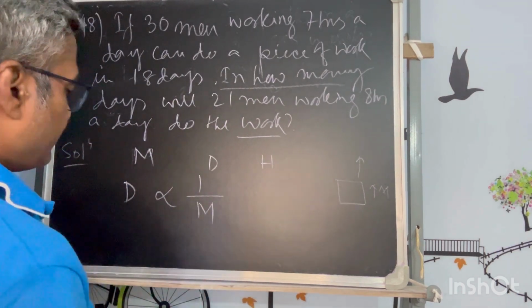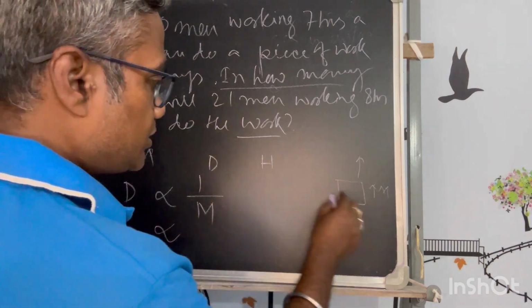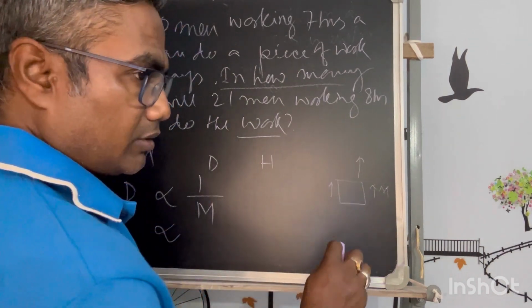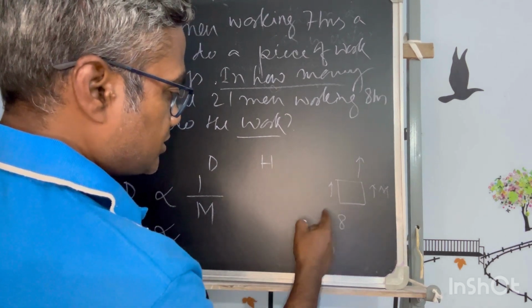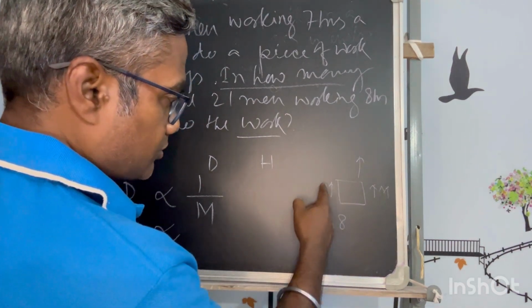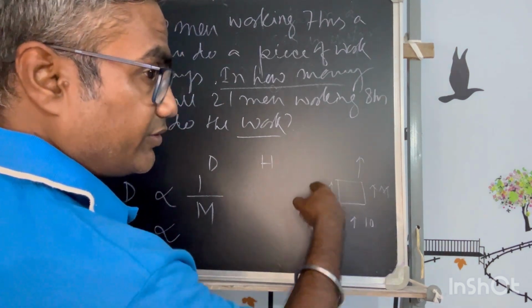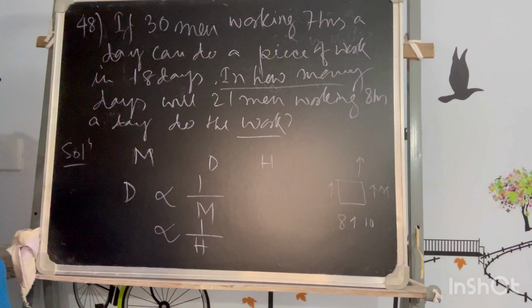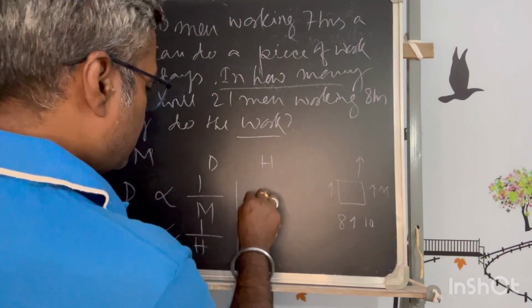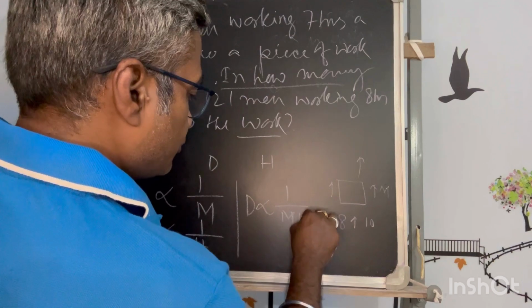So days vary inversely to the men. And days with hours: if we increase the working hours per day, say somebody is working 8 hours and I increase 8 to 10, the number of days definitely comes down, so this is also inverse. So together d will vary with 1 by m into h, both inversely.